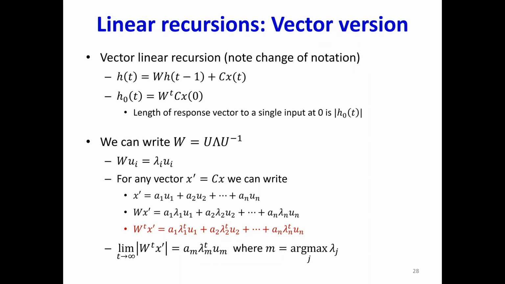Now I can rewrite this. Without loss of generality, let's assume that lambda 1 is the largest of the eigenvalues.